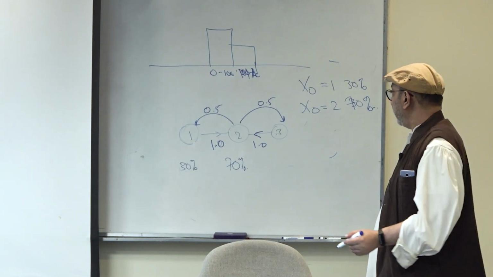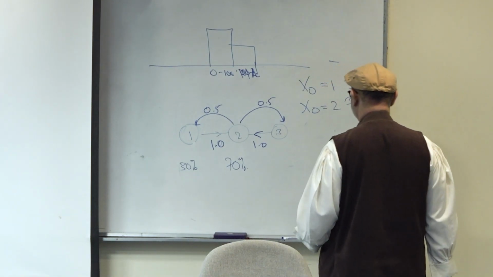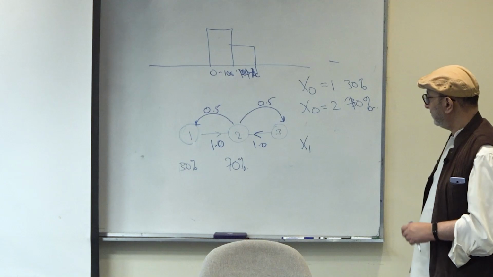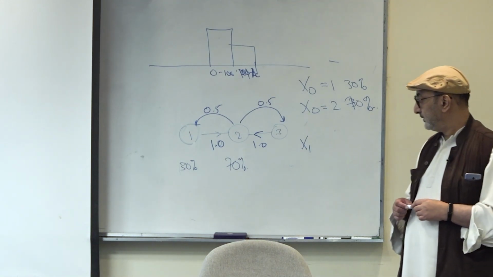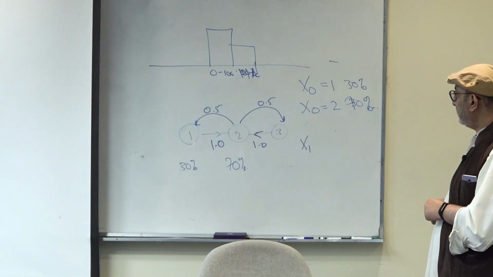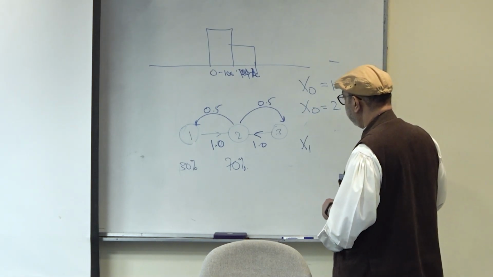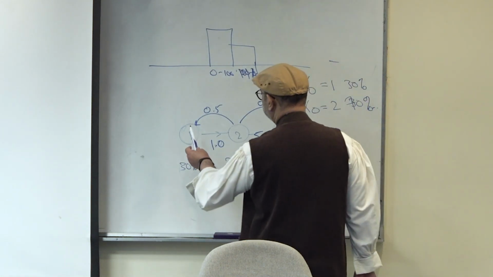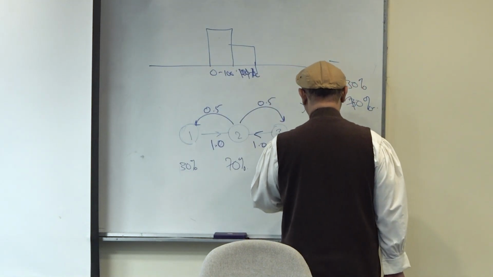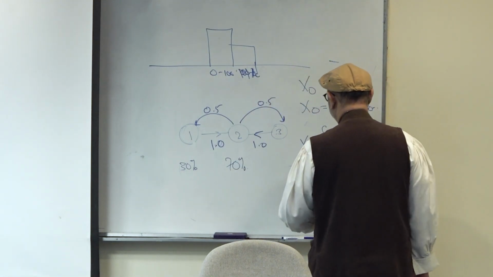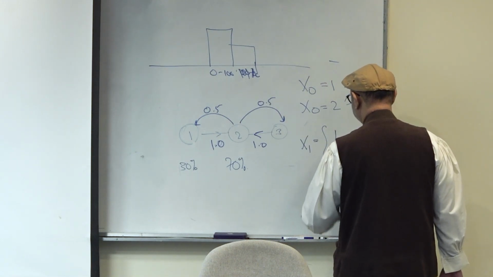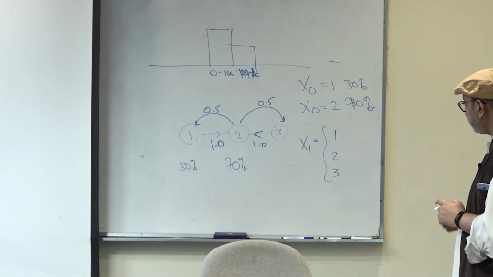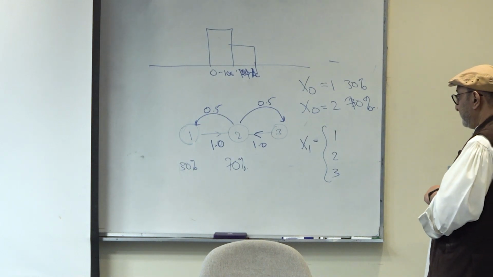Now, what could x1 be? Let's see. If x0 starts off at 1, x1 could be 1, 2, or 3. What are these probabilities?